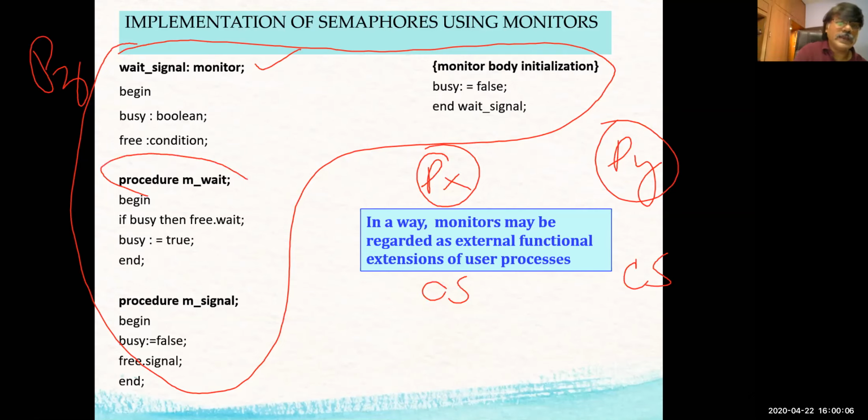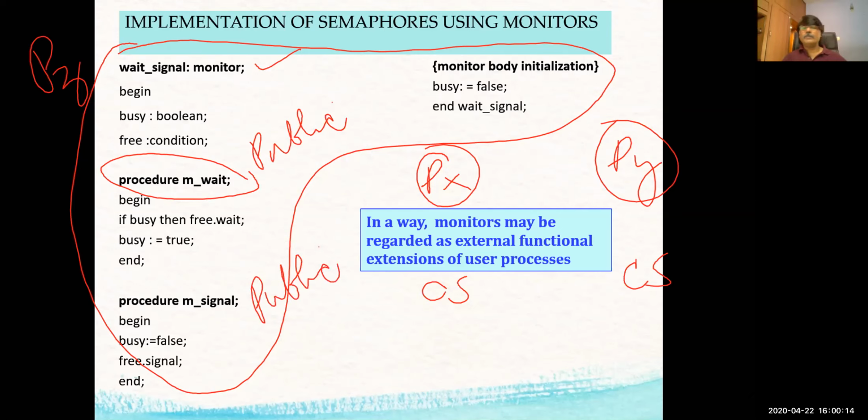Let us say procedure mwait is a public function and procedure msignal is a public function. If process X has to enter the critical section, it has to invoke the function called mwait in the monitor. Because it's public, it can be accessed by an outside process. Similarly, if PY wants to use the critical section, it has to invoke the function mwait belonging to the monitor.